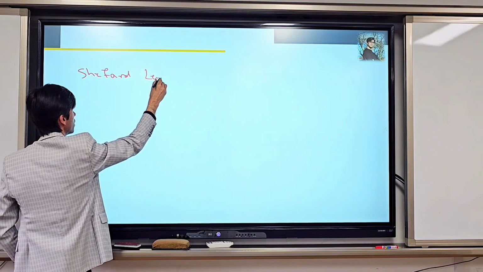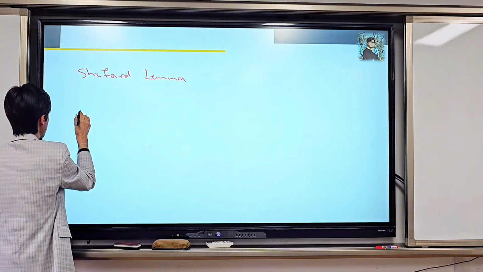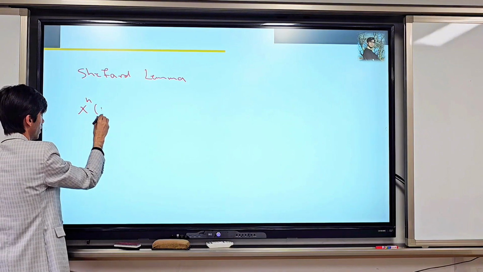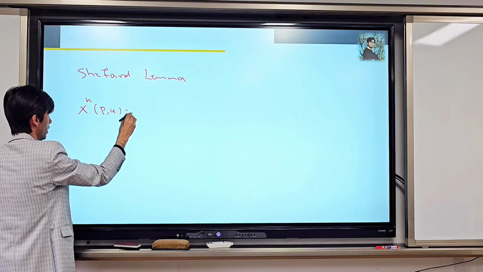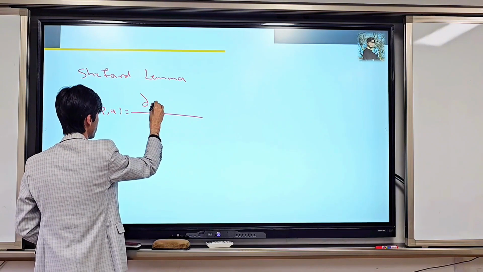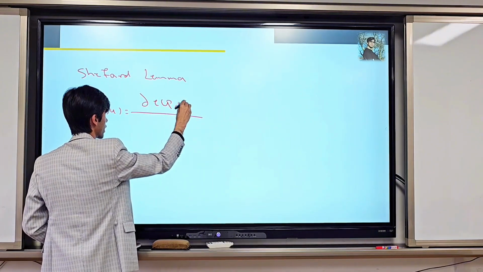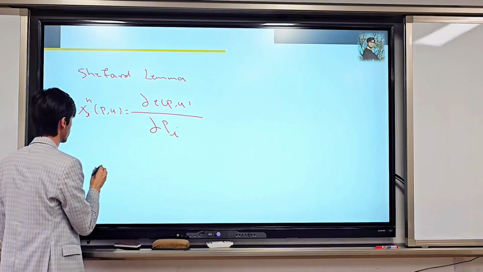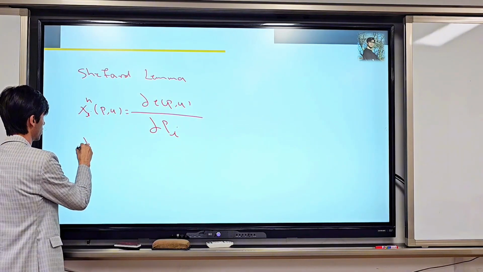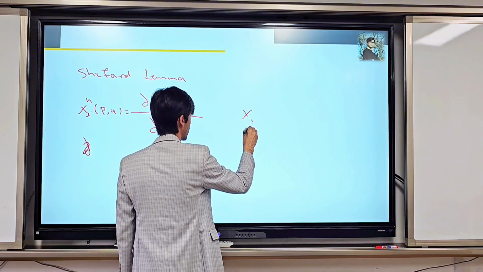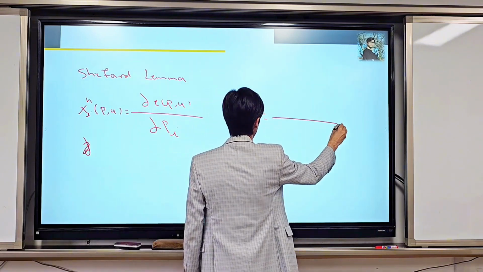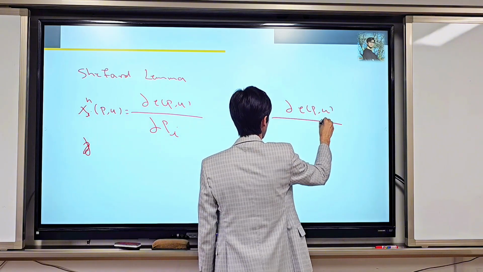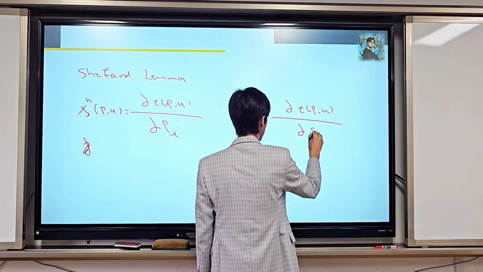Shephard's lemma. It's easy. When we want to find the Hicksian demand function, which is a function of P and U, just simply take the derivative of the expenditure function with respect to Pj. xjh is equal to the partial derivative of the expenditure function with respect to Pj.